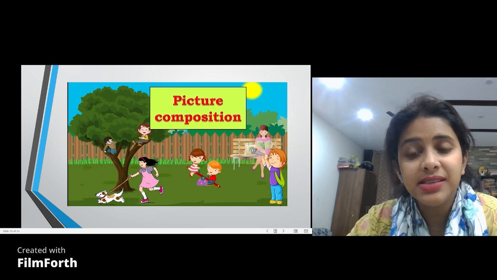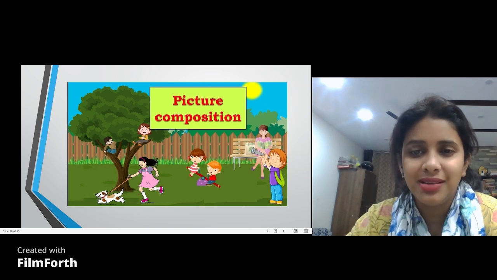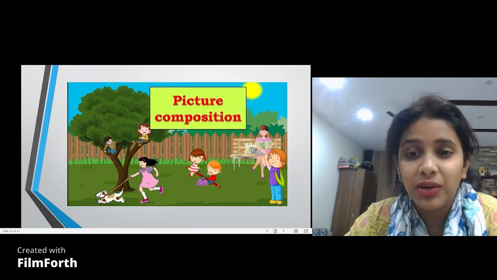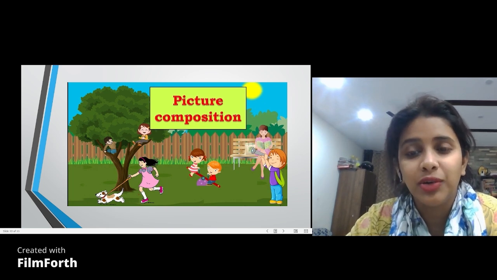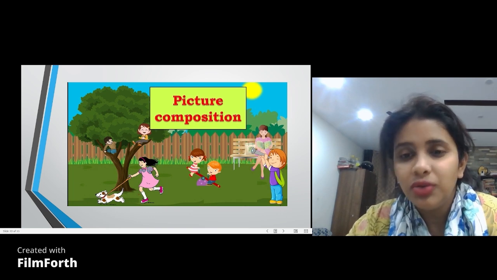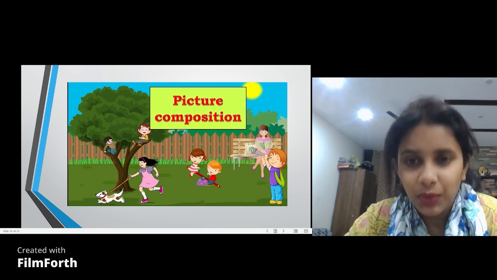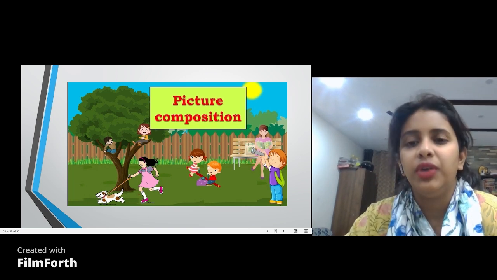And the secondary meaning, the connotative meaning, shows happiness. It shows what peace looks like, what childhood looks like, what happiness and pleasure look like. So in picture composition, we're going to talk about the denotative meaning and the connotative meaning.